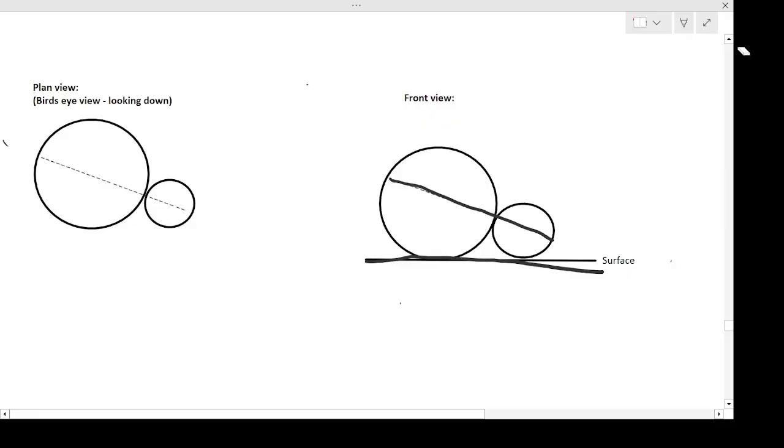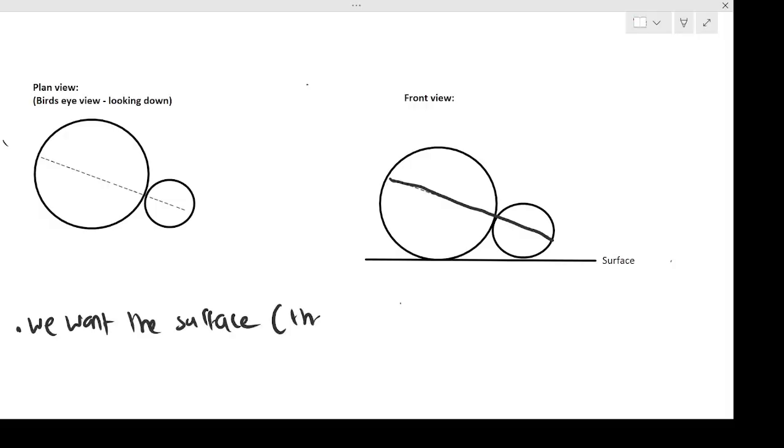That causes an issue. What we actually want is for the surface the spheres are on to be parallel to the line of centres.